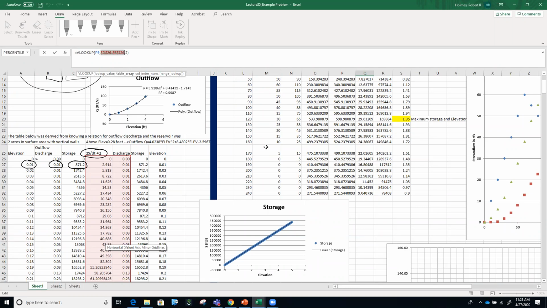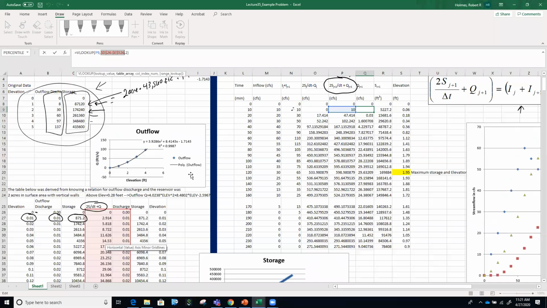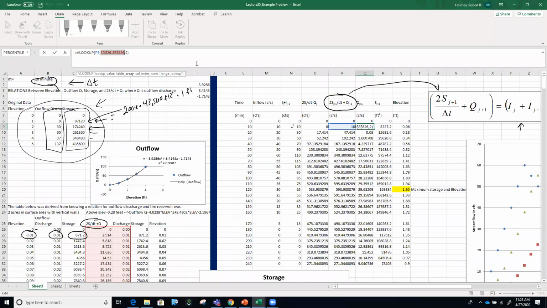And so it goes in here and says, okay, here's my table. It says, look at the value in P9, which is a value of 10, go down to this table and then use the second column. So it looks for a value of 10.